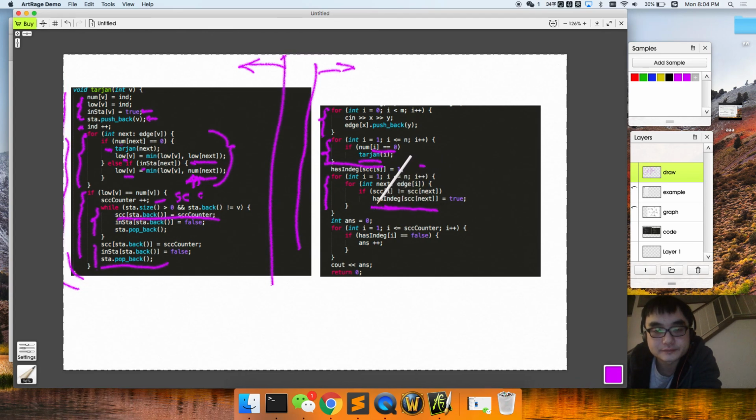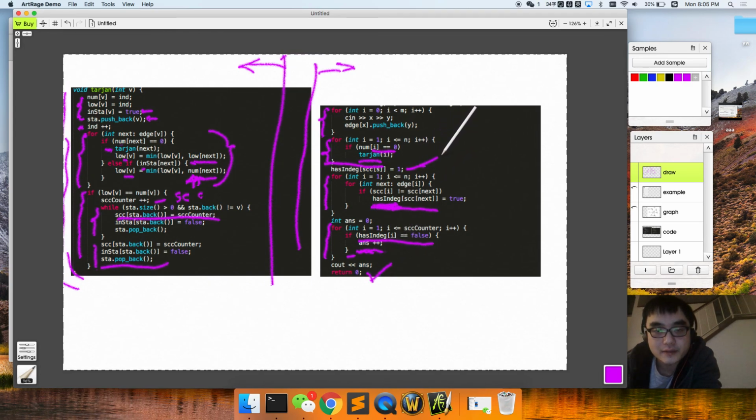So this flag is has-in-degree here. And after that we only need to count how many SCCs do not have an in degree, right? So the answer here is the counter, and we output the counter here.